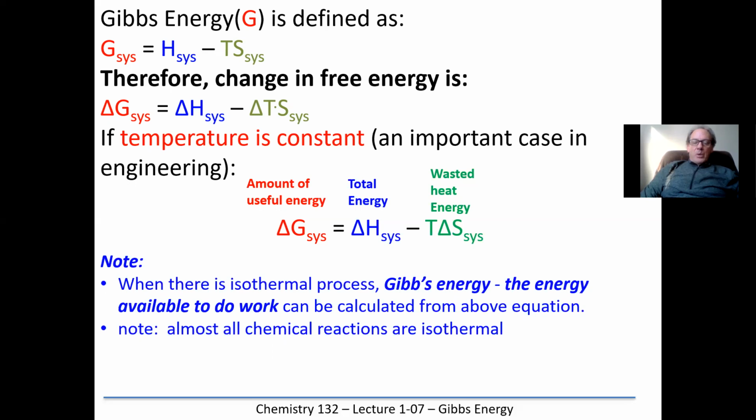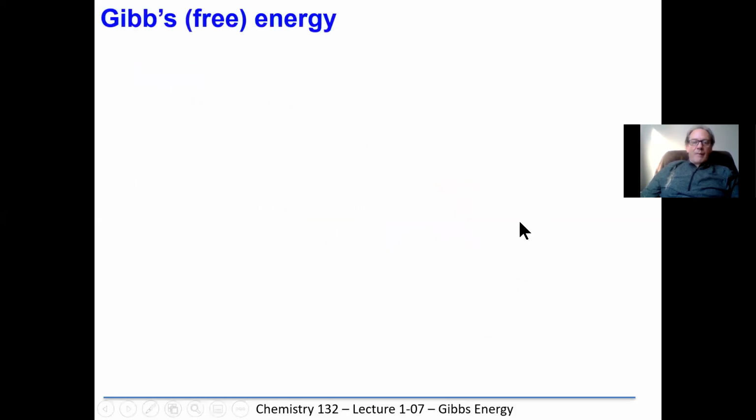When we have an isothermal process, Gibbs energy, the energy available to do work, can always be calculated using this equation. And all chemical reactions, almost all of them, are isothermal, meaning they all happen at a constant temperature. If it's an exothermic reaction, then the heat energy is being released into the surroundings to maintain the temperature of the chemical system.